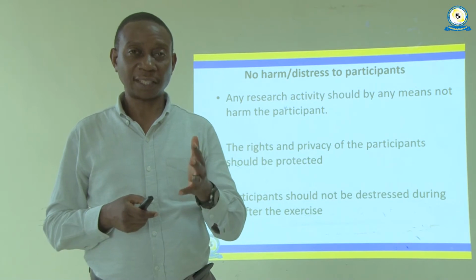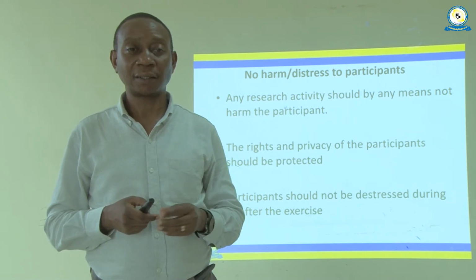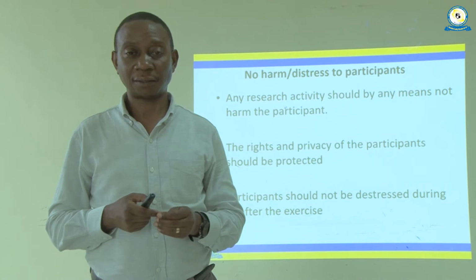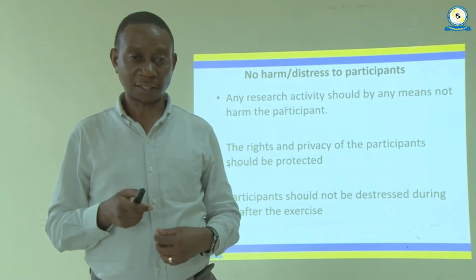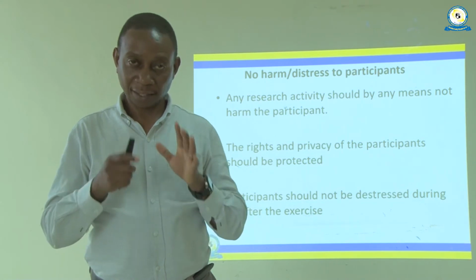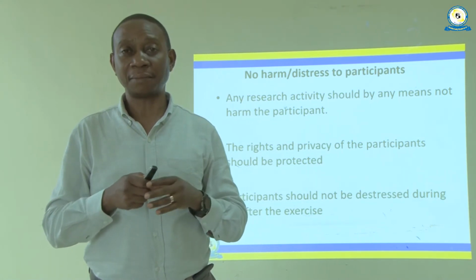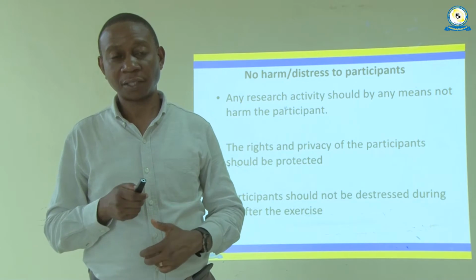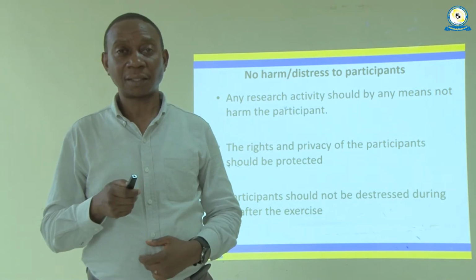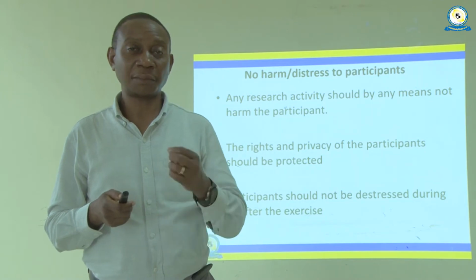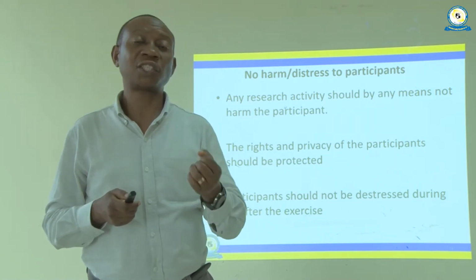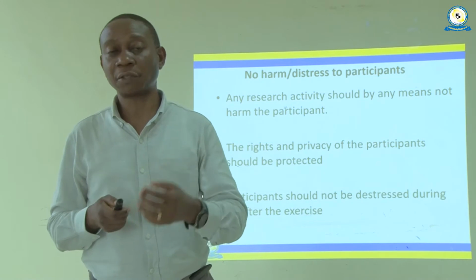There are three issues I've just raised. One is any research activity should by any means not harm the participant, because you expect information from the participants, information that will help you reach the intended goal, the objective of your research.